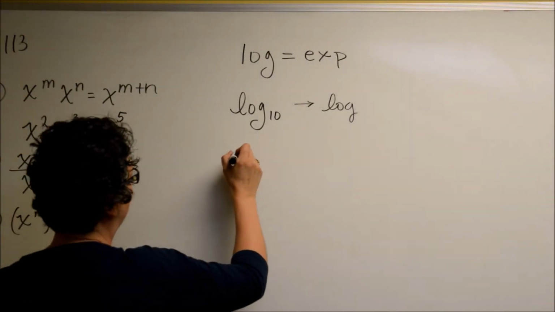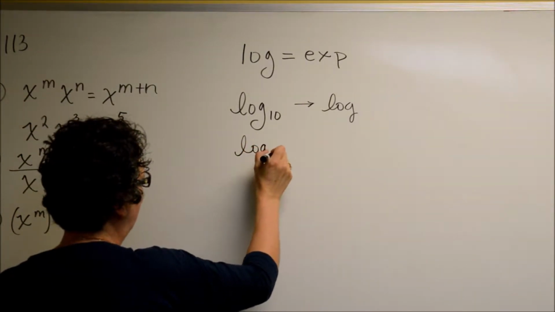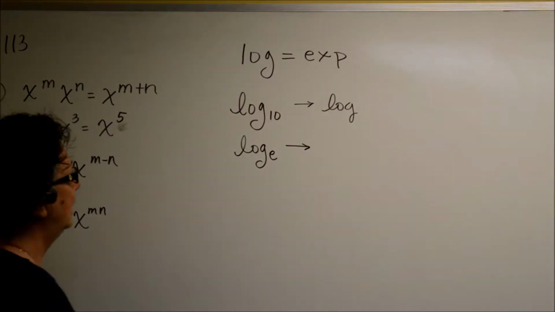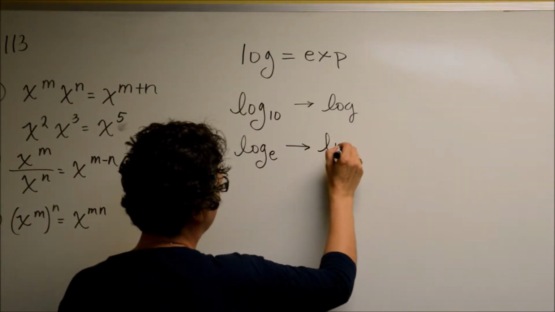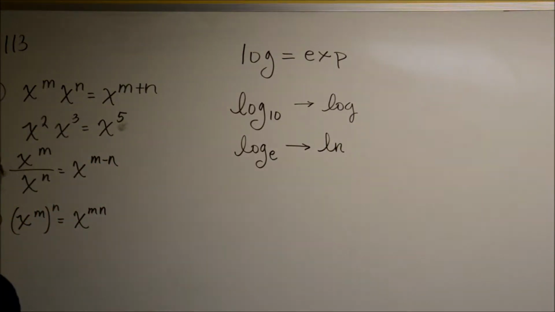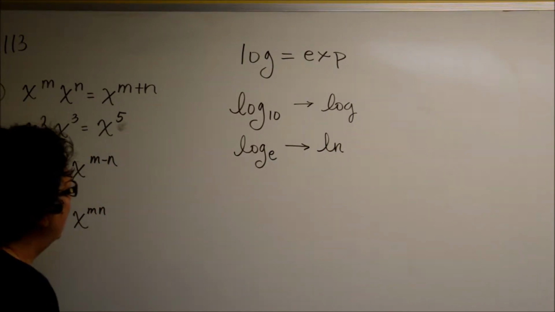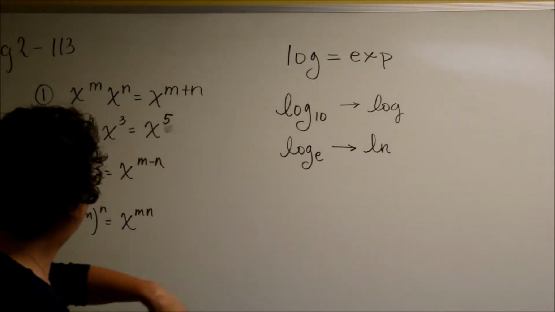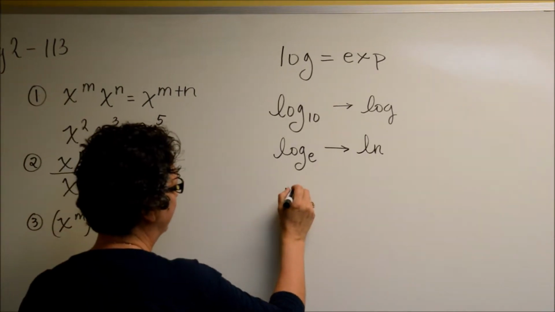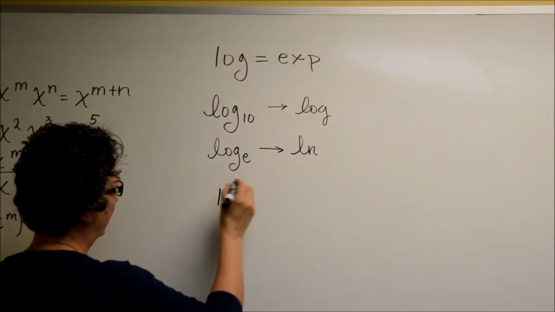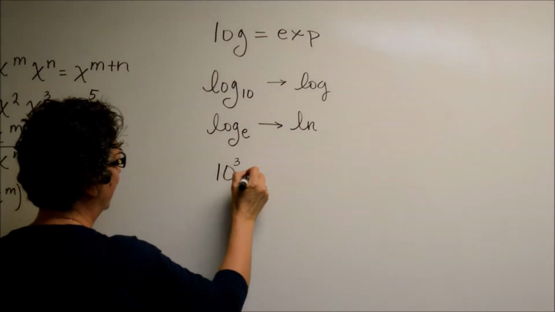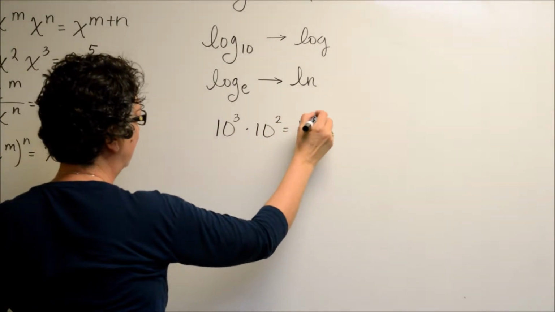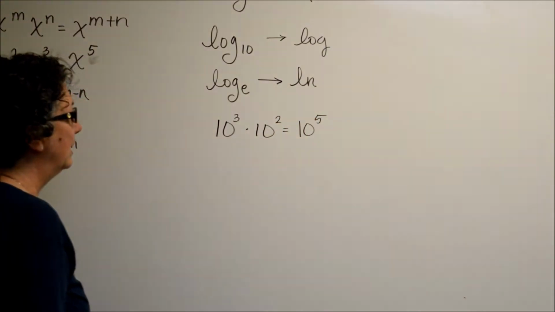And then log base E, that special number E, on your calculator looks like LN. So let's see how these are related. If I have 10 to the third power times 10 to the second power, we've already talked about that's 10 to the fifth power.